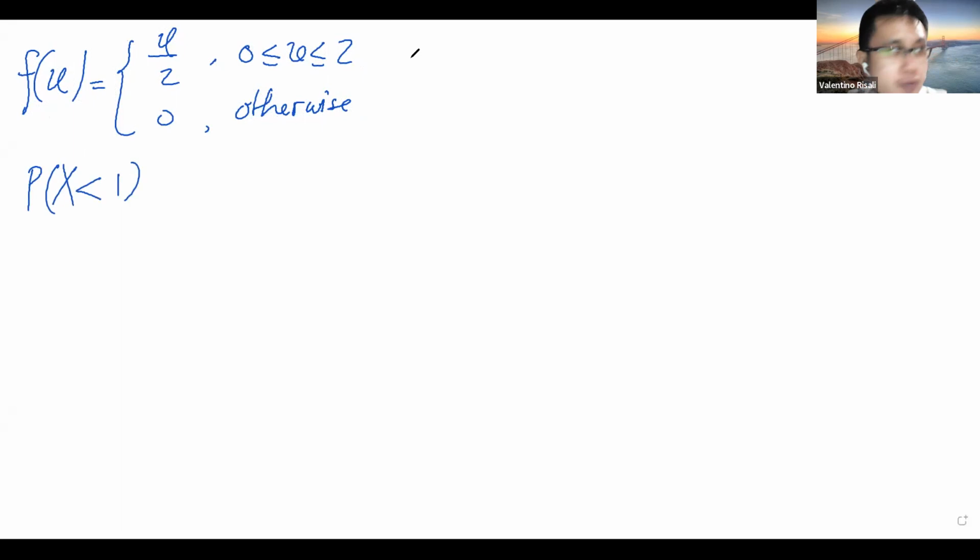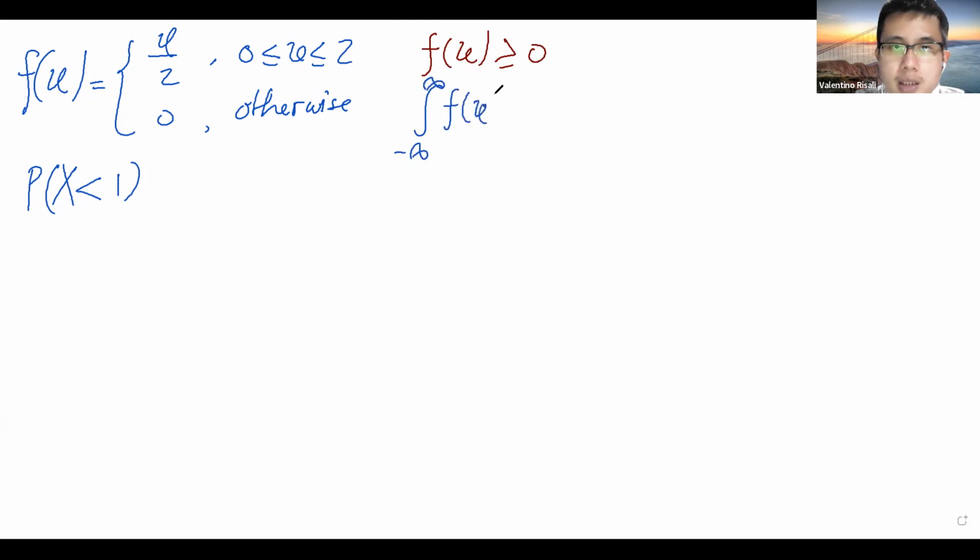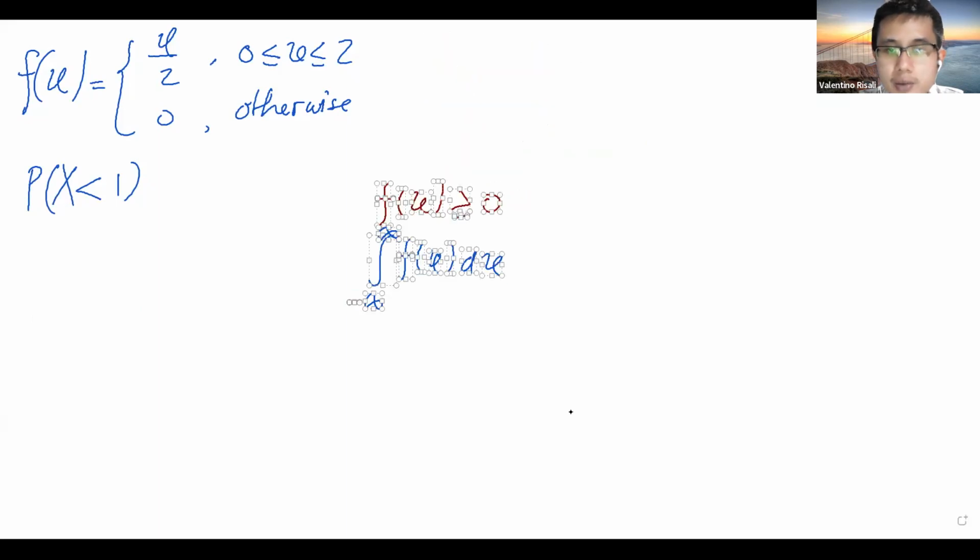Yeah, before we go to this question, we can clarify that this function is a PDF. It's clear that the value of f(x) is greater than or equal to 0, and then the integral of this is equal to 1. Before we deal with the integral, we draw the graph of the PDF first.